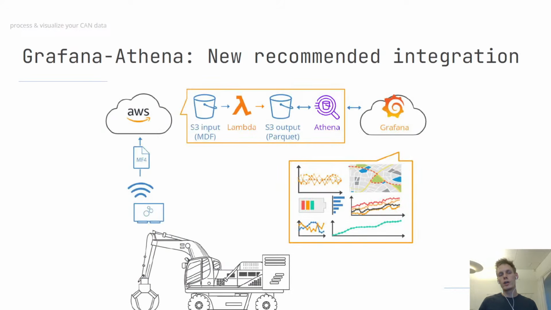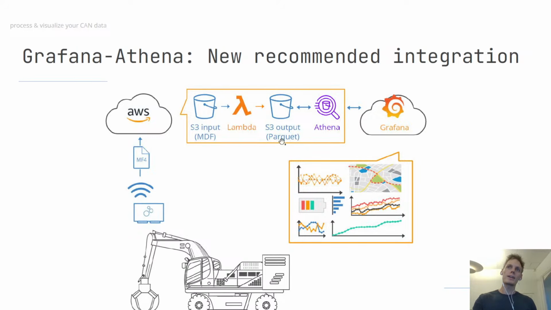Essentially, what you can do now is to have a CANedge, it could be a CANedge2 or a CANedge3, that is connected to an S3 bucket on AWS. And as log files are coming in to AWS into your input bucket, they will be automatically DBC decoded using something called Lambda functions and using these new MF4 decoders.